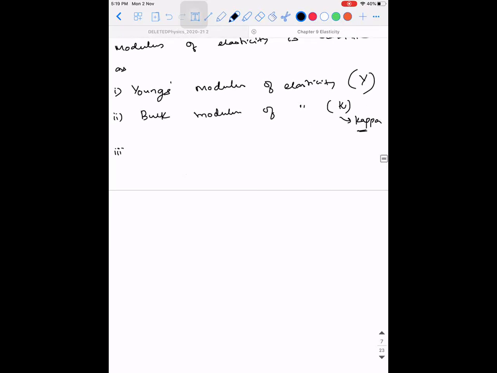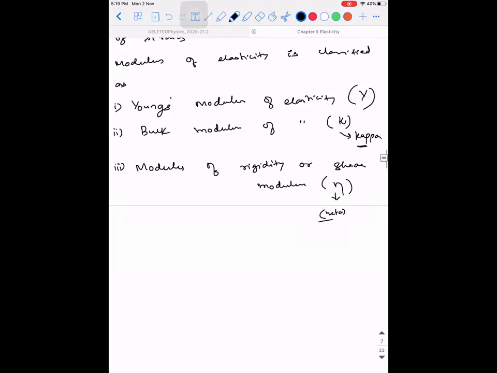And the third type of modulus is called modulus of rigidity, or shear modulus, not shear strain. It is represented by a symbol like this, also a Greek letter called eta. Like you have alpha, beta, gamma, delta, right? Like that, eta is one of the Greek letters.